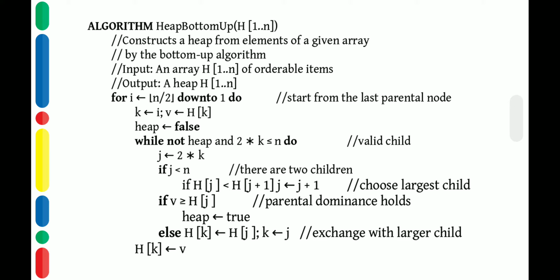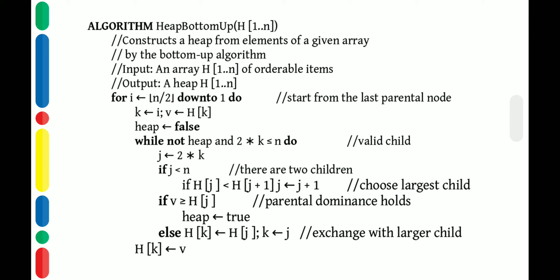So while not heap, as long as the heap variable contains false and 2 times k is less than or equal to n, we need to repeat these operations. The first one is obvious: till we don't have the parental dominance, the value of heap will be set to false.